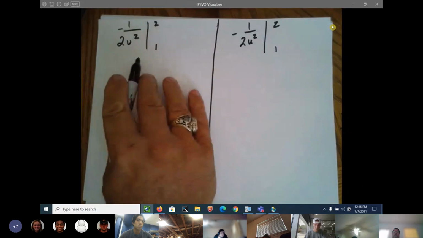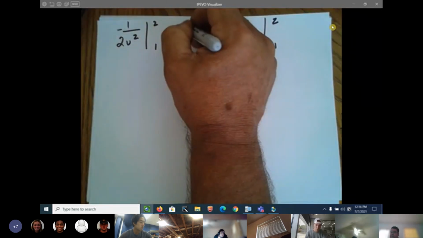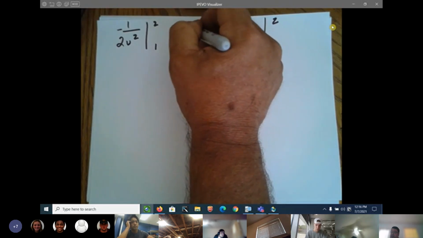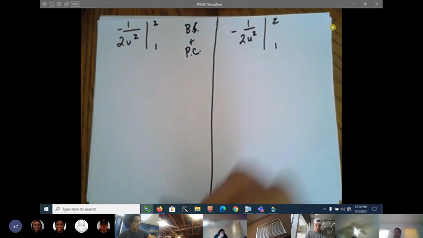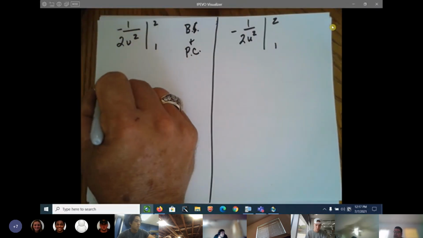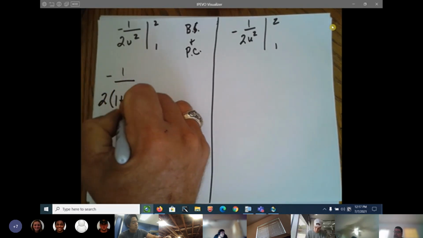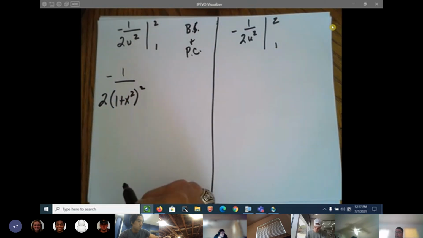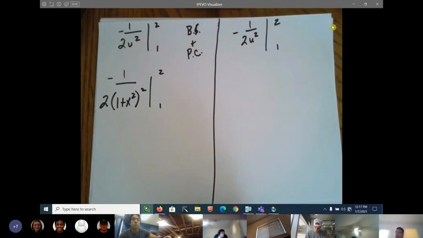So over here, we're going to do it the way we've been doing it. We're going to back substitute and plug and chug. So that's going to give us -1 over 2 times (1 plus x squared) squared, evaluated at 2 and 1.